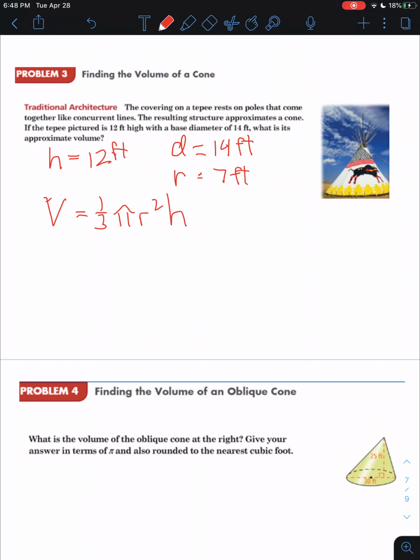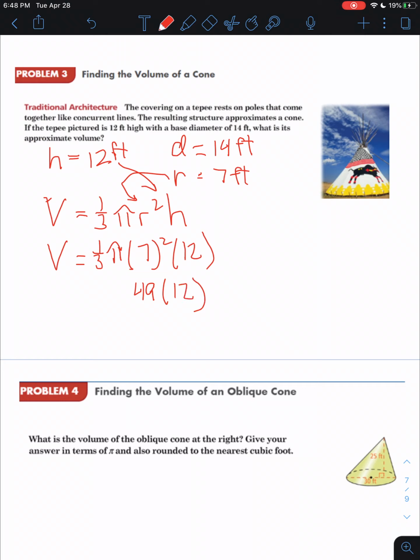Okay, so h is the 12, and r is the 7, so we'll have 1/3 times pi, let me get the pi back in there, times 7 squared times 12. Okay, that's the volume. That would be 49 times 12 times pi times 1/3. They're all being multiplied together.